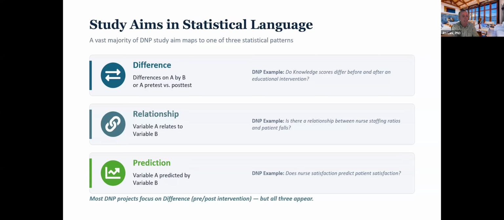Does it predict that? We're really in regression land there, which is fine. But just know that the language of differences, relationships, and prediction evoke different types of statistical analysis down the road.